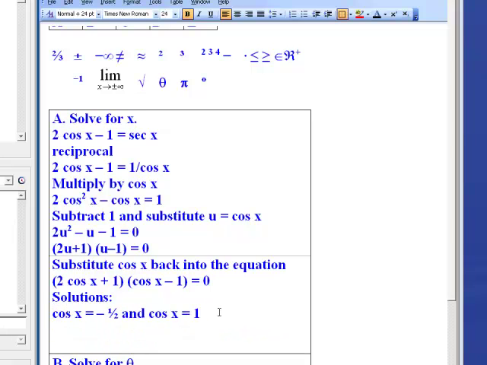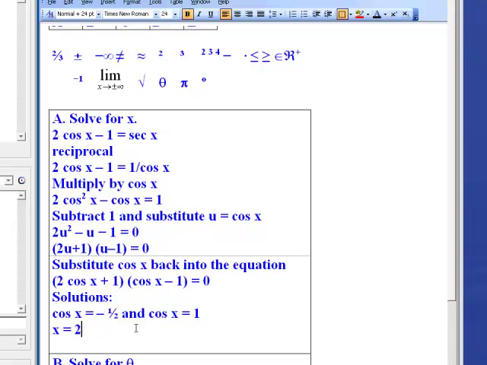And of course x comes out to, and we're supposed to be in radians between 0 and 2 pi. So this one here is going to be a reference angle of 60 degrees, and we're in the second and third quadrant, so we're at 120 and 240 degrees respectively, 2/3 pi and 4/3 pi.